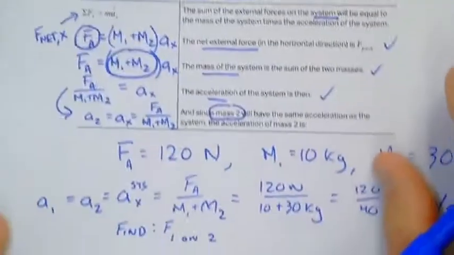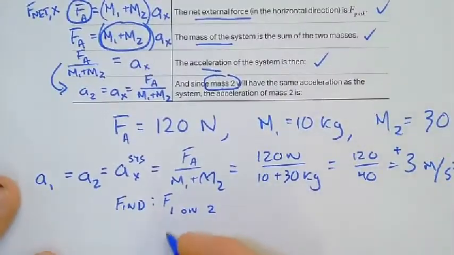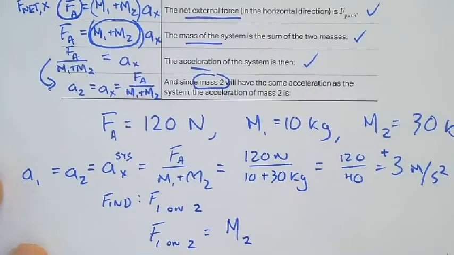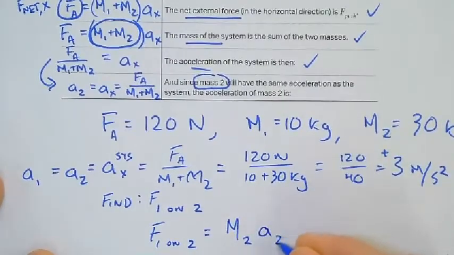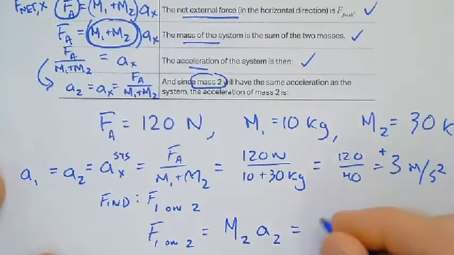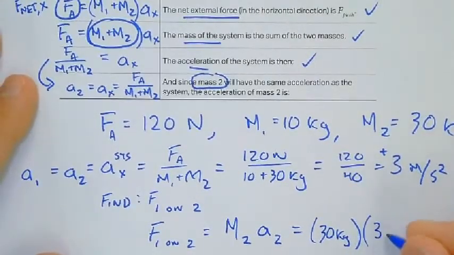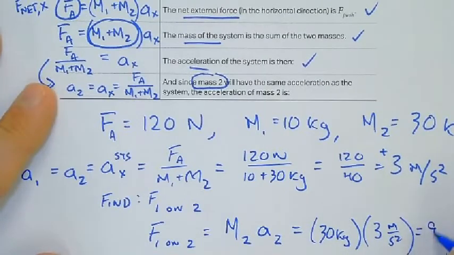Let's show that with the math. So to find that, the force of 1 on 2 is going to be equal to the mass of object 2 times the acceleration of object 2. And hopefully you've been following along here, because we've just said that you can take your 30 kgs and multiply by your 3 meters per second squared, and that's going to give you 90 newtons. Okay?